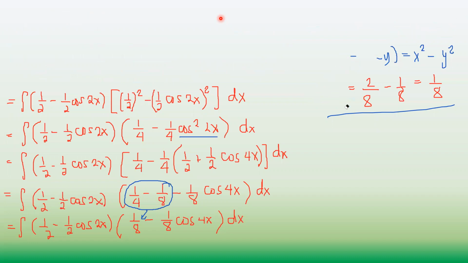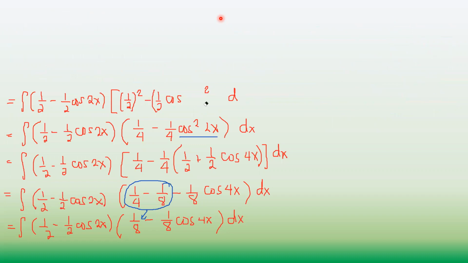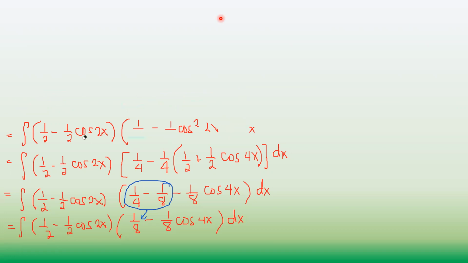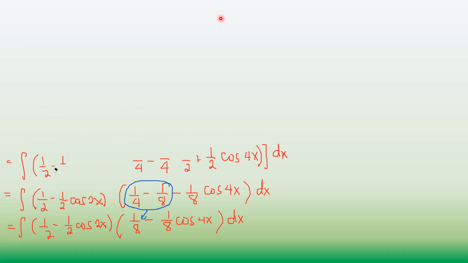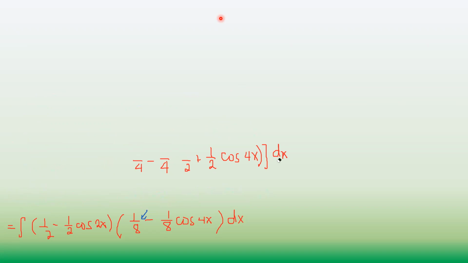Ito naman sa ginagawa ko, ang kalabasan naman dito is case 1. Okay, subukan natin kung alam niyo pa yung case 1. 1/2 minus 1/2 cosine 2x times 1/8 minus 1/8 cosine 4x dx. Multiply natin.